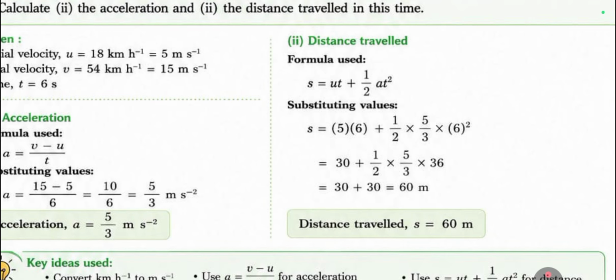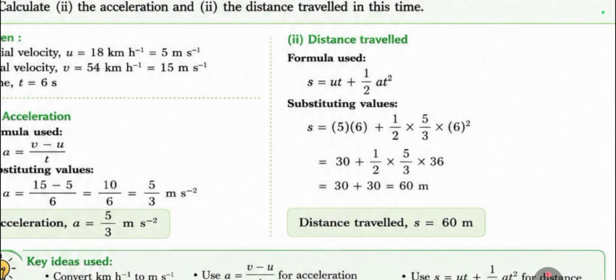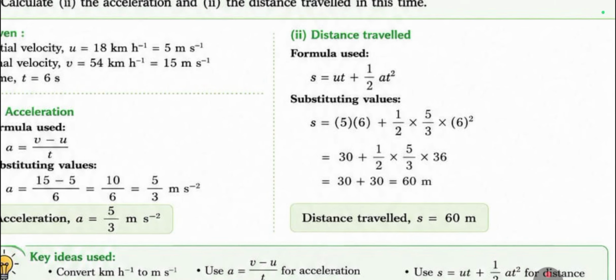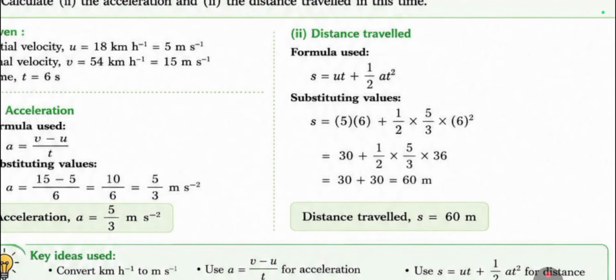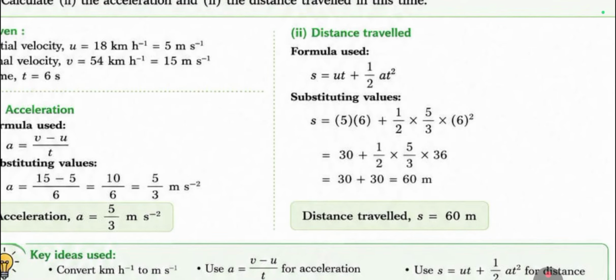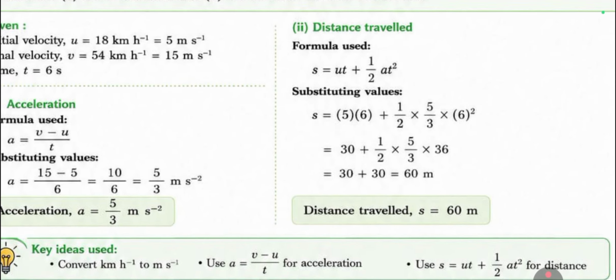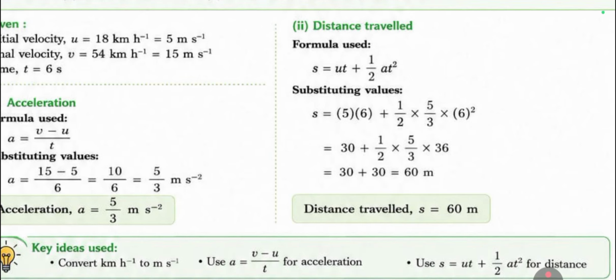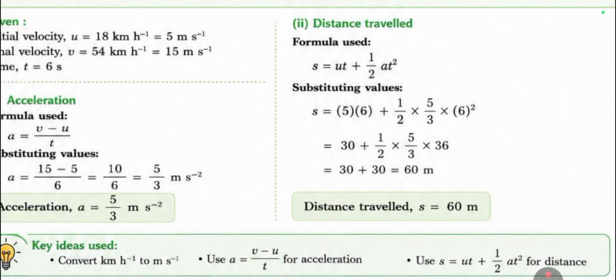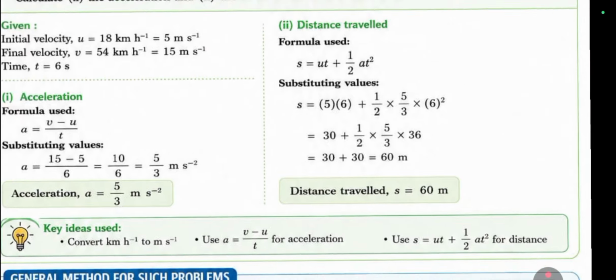So 5 sixes are 30 plus 1 by 2 into 5 by 3 into 36. So 30 plus, here 3 twos are 6, 6 sixes are 36, 6 into 5 is 30. So 30 plus 30 equals 60. So distance travelled s is equal to 60 meters.